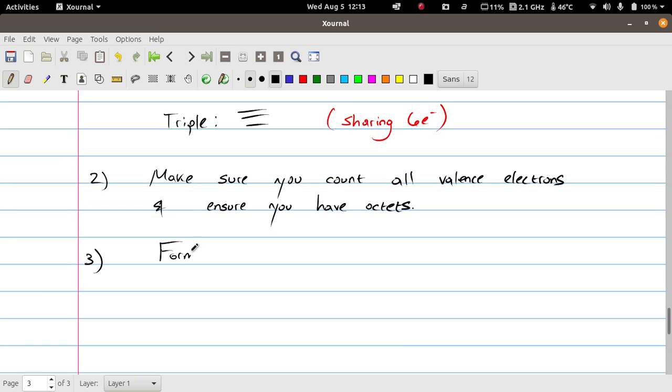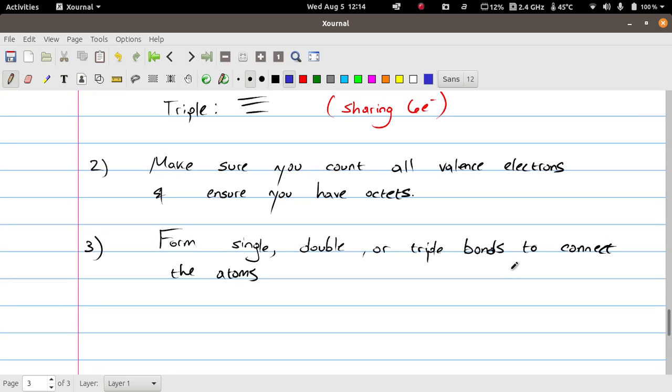So form single, double, or triple bonds to connect the atoms together. And there's no real guidance on doing this. I'm going to show you some tricks that'll probably help you see it. But the more and more you do this, you'll be able to just kind of look at something or look at the formula and know if it's a double or triple bond.